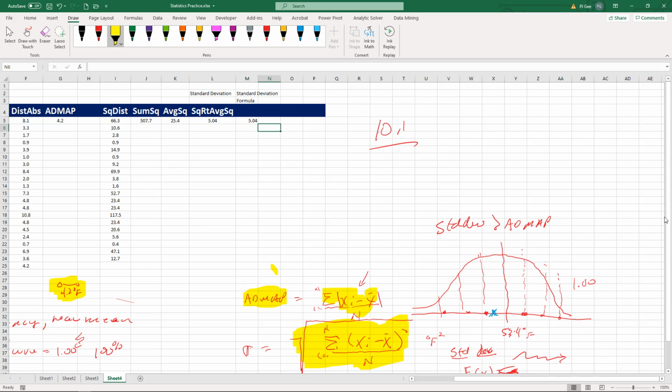So the average distance to the mean of all the points is going to be larger. The standard deviation is larger. So there you have 5.04 is greater than 4.2. This is the quality we originally started out after.